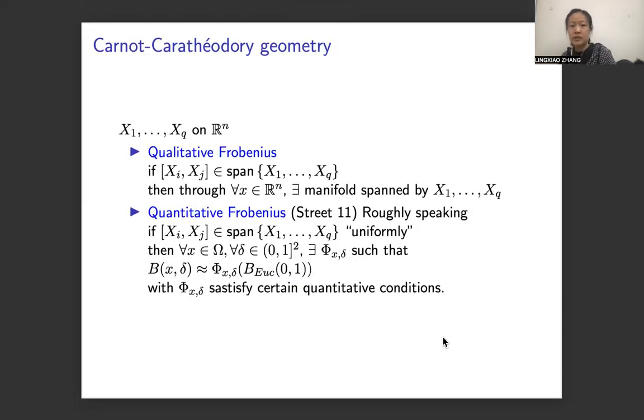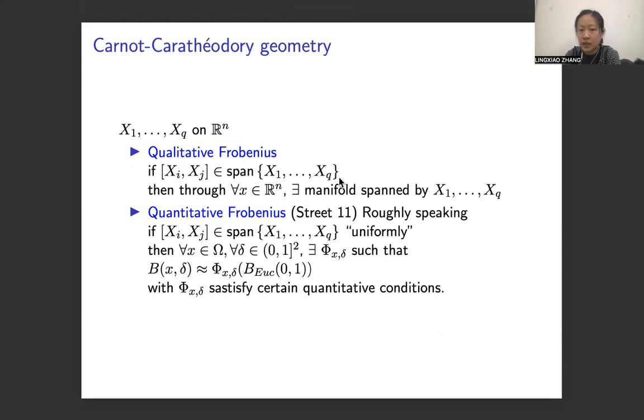So let me first remind you of the classical theorem of Frobenius. Given smooth vector fields x1 through xq on Rn, or more generally on an open set in Rn, suppose they satisfy the involutive condition, that is, any commutator is still spanned by x1 through xq.